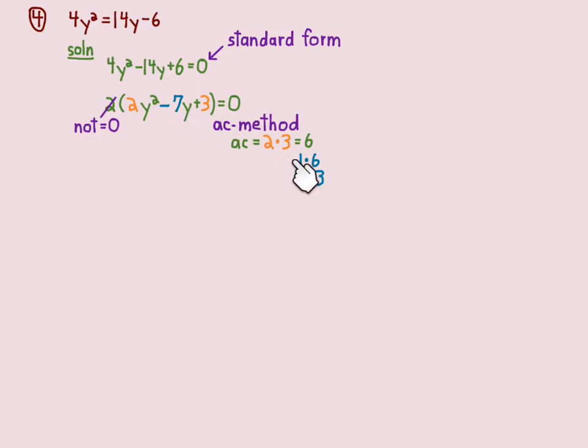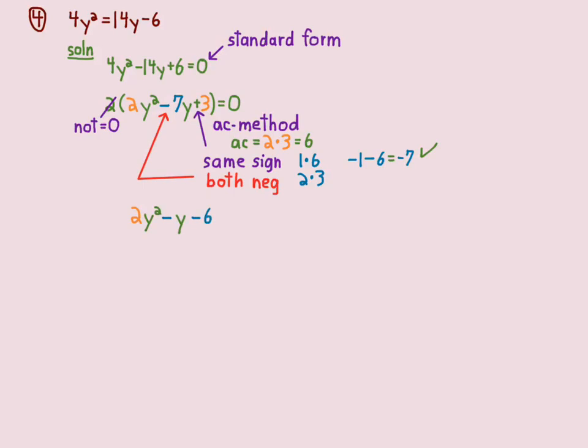So what I want here is negative 1 and negative 6, because you add those, you get negative 7. So I'm going to write out my middle terms with coefficients negative 1 and negative 6. And I put the negative 6 next to the 3 just because they have a common factor of 3. Although actually I think on this one, if you switch the two middle terms, it still works and you still get the same answer.